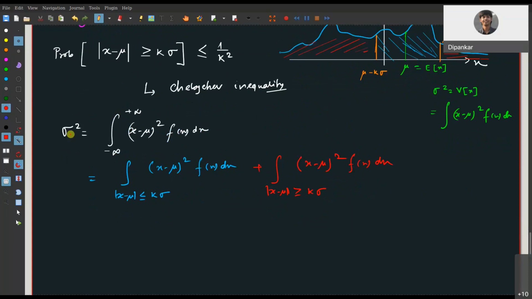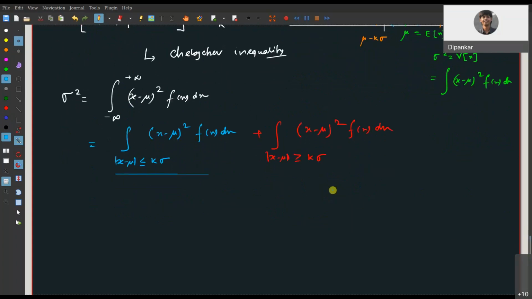So if I just drop this term, I can change this equals sign to greater than or equal to. This should be greater than or equal to just the red integral, because the dropped term is non-negative.